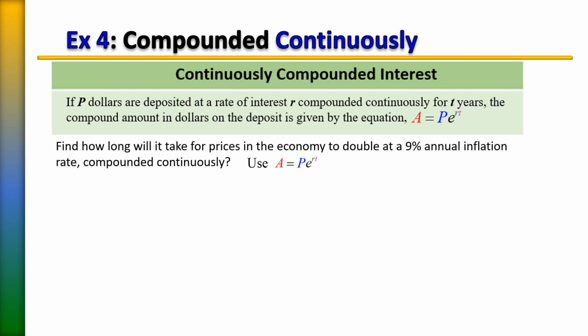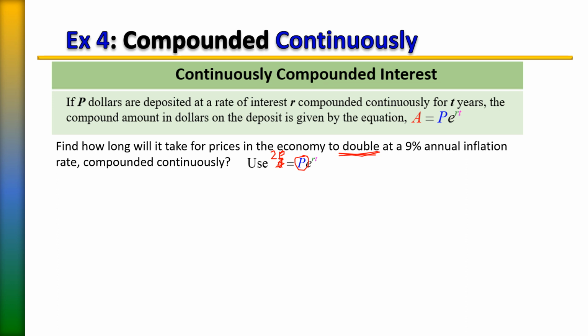P is what it presently is, so we're going to leave that there. And we want to know when it will double. So our future, instead of A, we're going to remove A. If P is what it is right now, in the future, to double it will be twice P. So when you double something, it's twice.